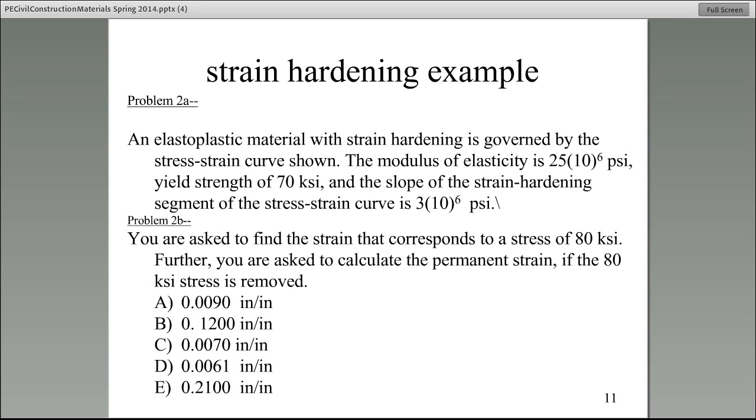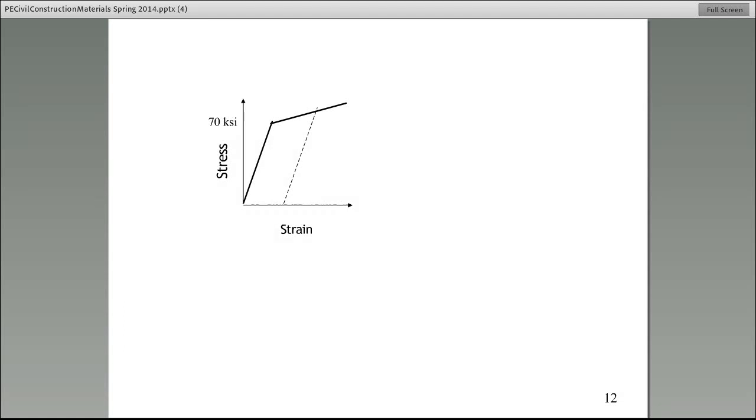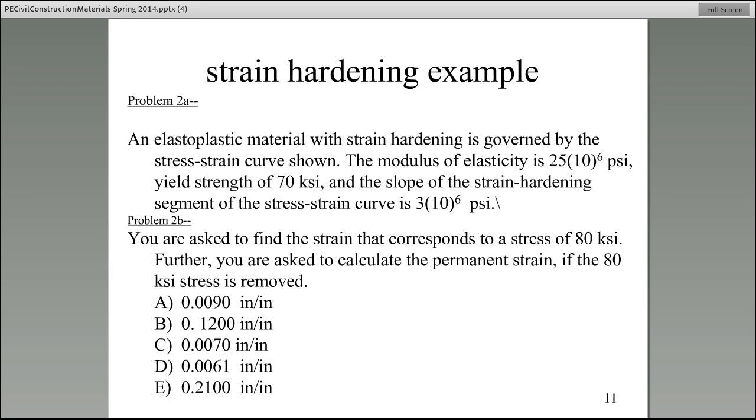This is the strain hardening example, and it demonstrates how you might be tested on problems like this. Just a few minutes ago, we went over this kind of behavior of certain materials. Now here, they will give you some numbers, and they are asking you certain questions. So let's read this question together.